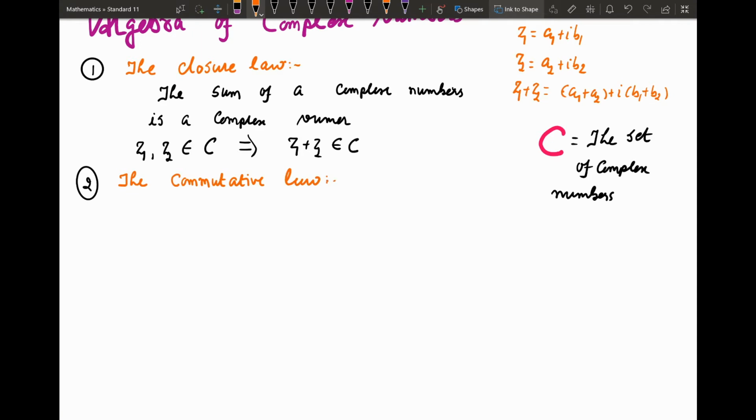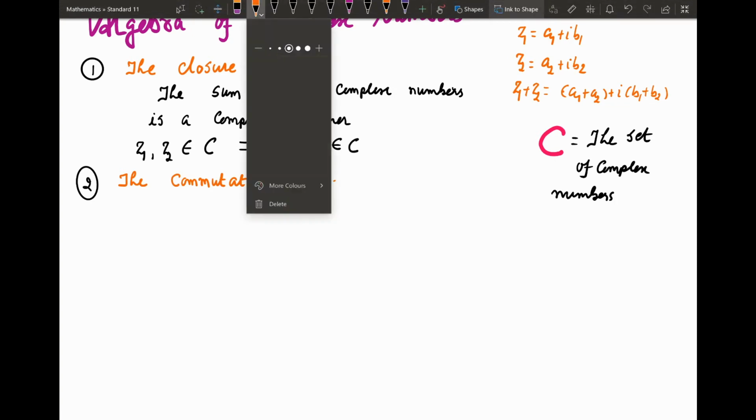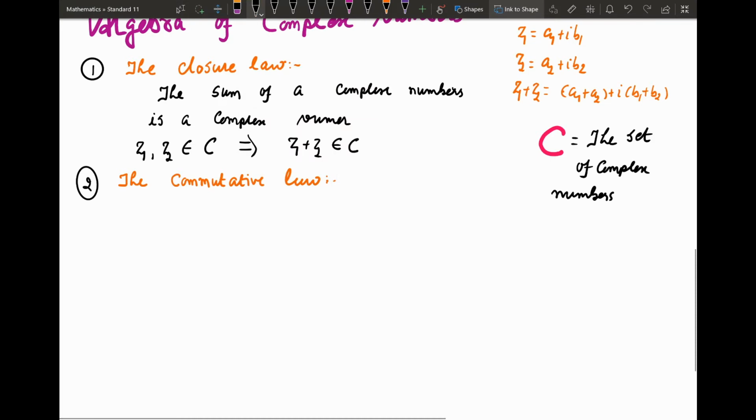According to the commutative law, addition is commutative. So Z1 plus Z2 is the same as Z2 plus Z1. This is because of the commutative law.